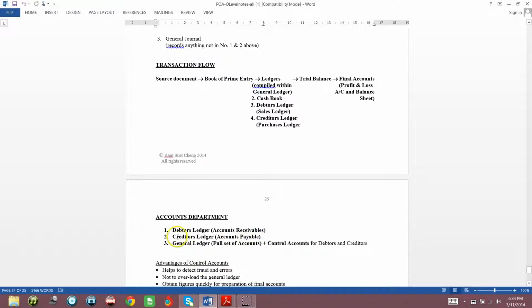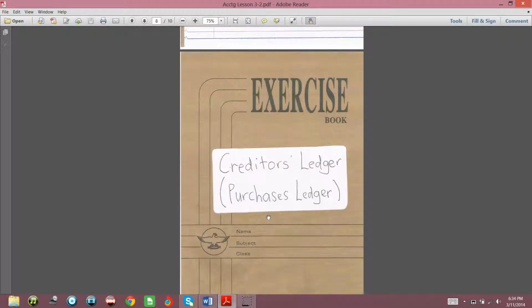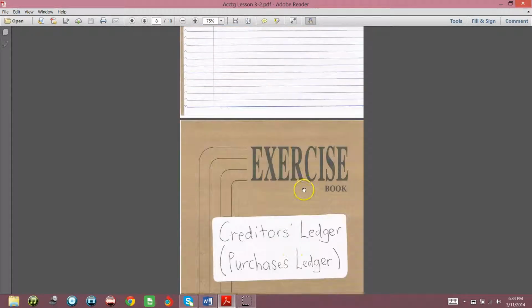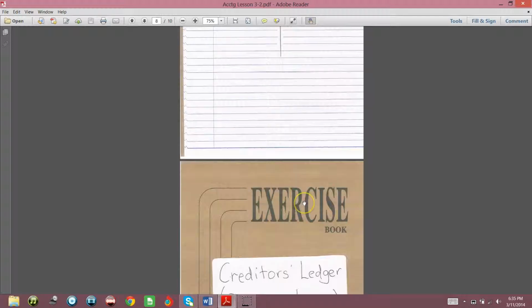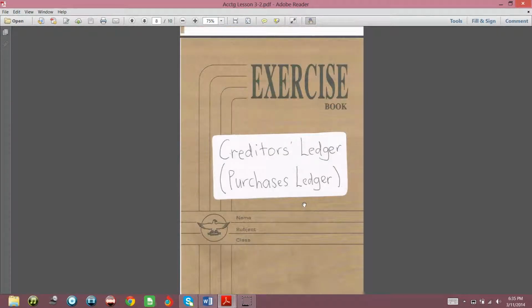Okay, then as a boss, I will also want to hire another person to take care of the creditors ledger. Similarly, the creditors ledger is to record all the individual creditors accounts. Okay, I'm not going to go into the details. In part 2 of this lesson, I will show you some sample past year exam questions on creditors control account.